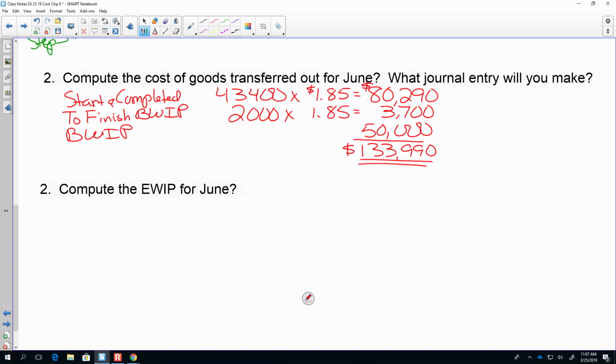Ending units, pretty straightforward. We've got our equivalent units in ending WIP, which is how many? 21,600. 21.6 times $1.85.